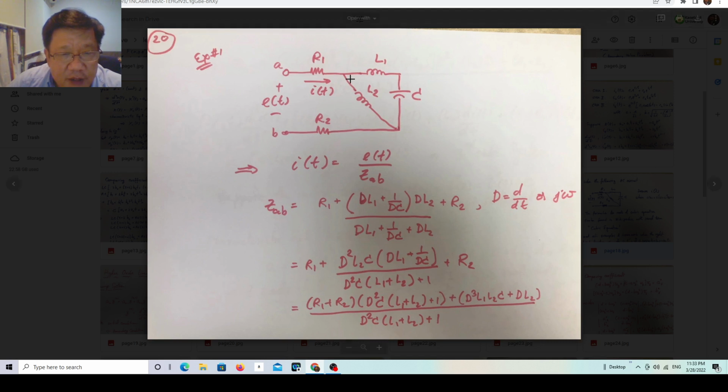You know that there are two resistors, two inductors and one capacitor here.